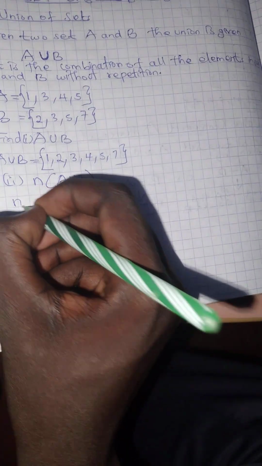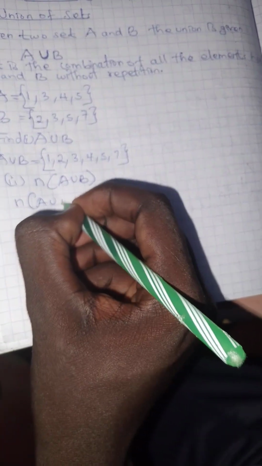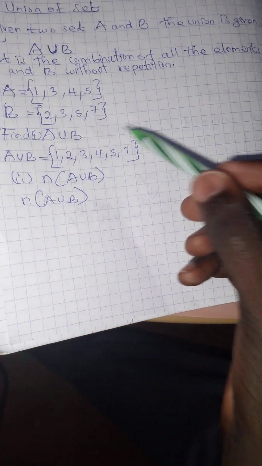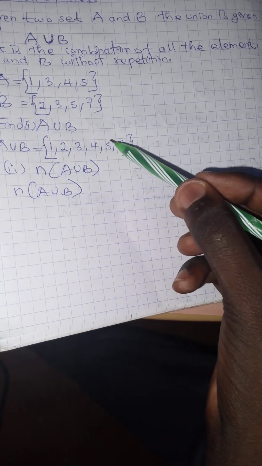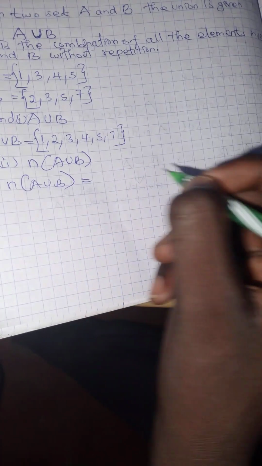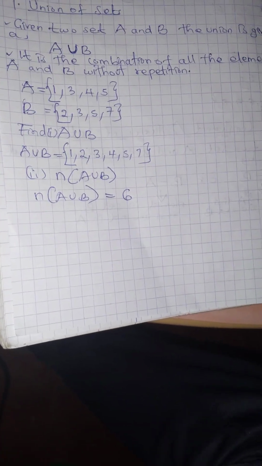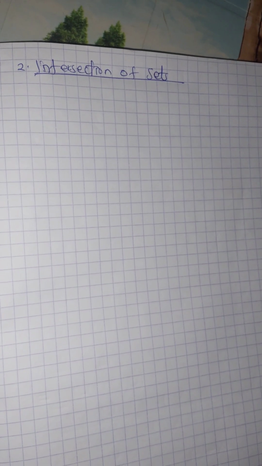So according to this set, we just count 1, 2, 3, 4, 5, 6. The cardinality of this set is 6. It's very simple.